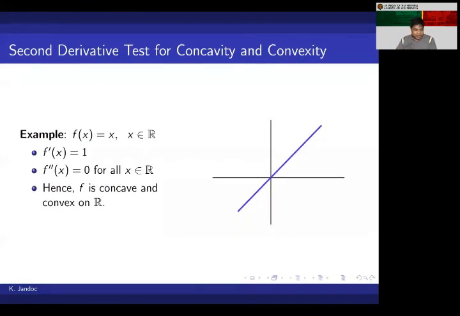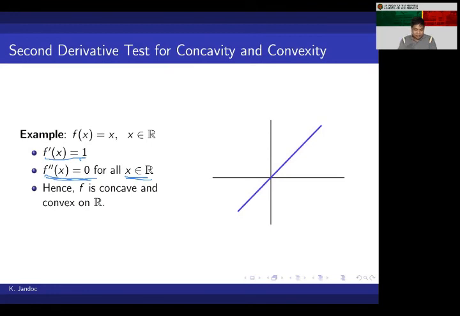So here we have a linear function, f of x equals x. Now notice that the first derivative is equal to 1, a constant, so therefore the second derivative equals 0. This is true for all values of x in the real number line, so even negative infinity to infinity.